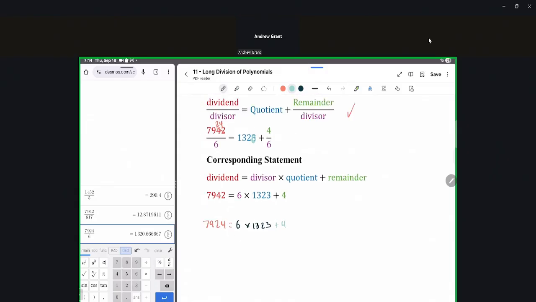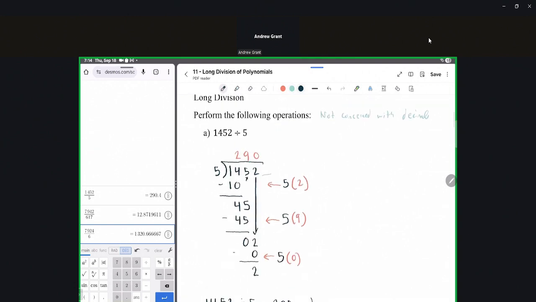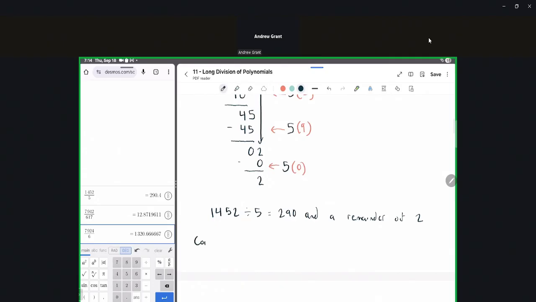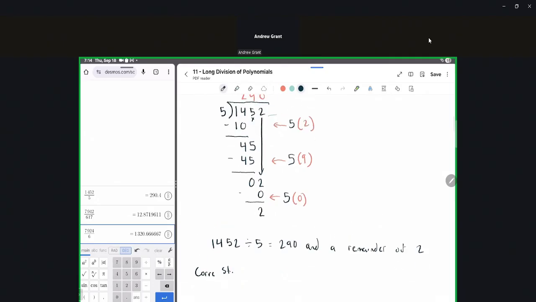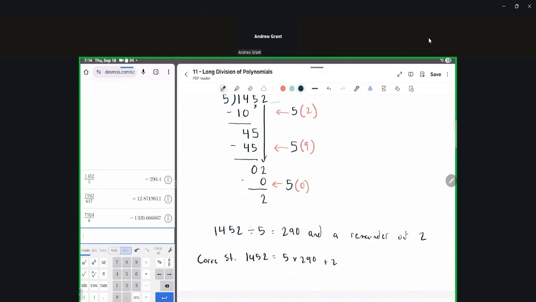So the example we had up here, which this one I did correctly, if I wanted to check out the corresponding statement, I would say that 1452 is equal to 5 times 290 plus 2. And so if I were to take 5 times 290 plus 2, I get the correct answer.